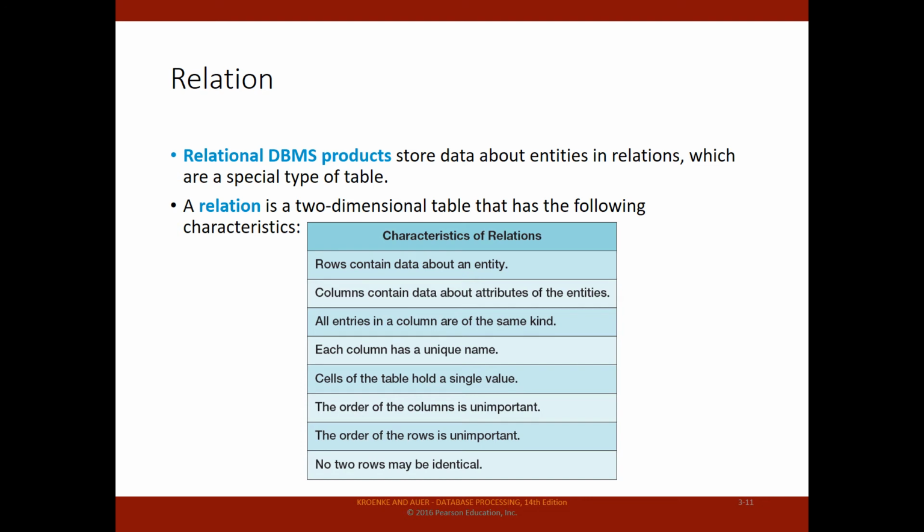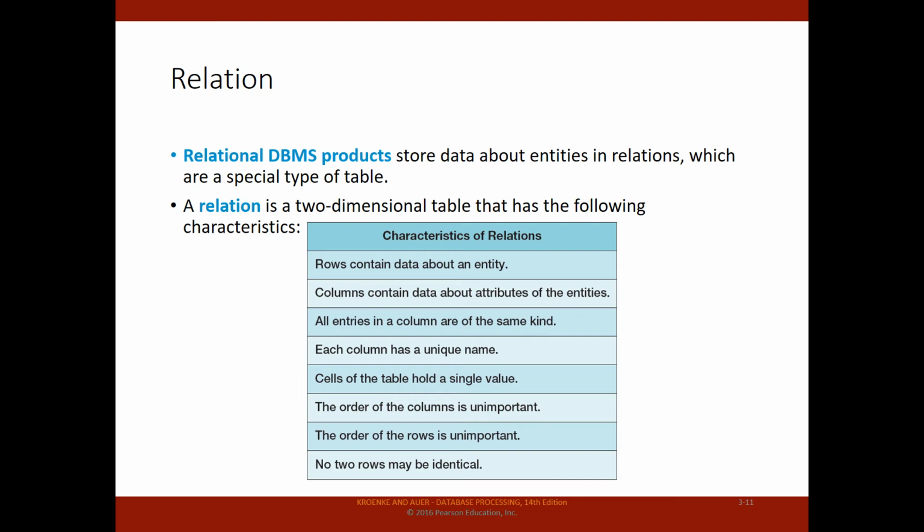What do we mean by a relation? A relation refers to a table that has certain criteria. The table has to have rows, and its rows should contain data about an entity. The rows or records have to be data about that entity, not about something else.